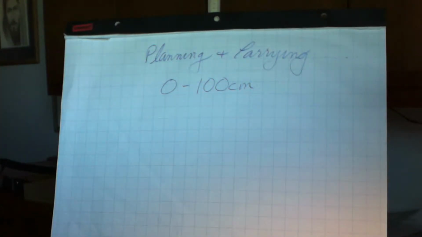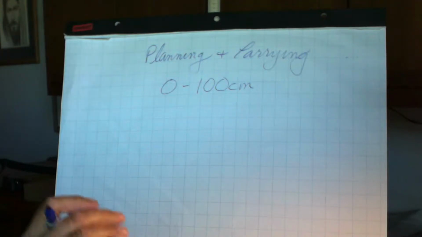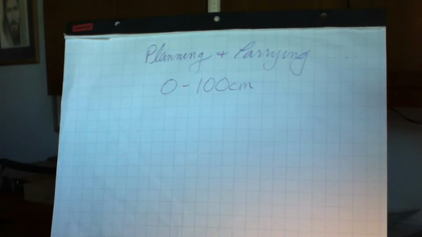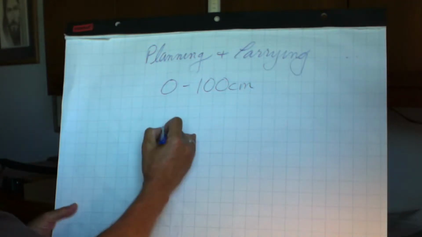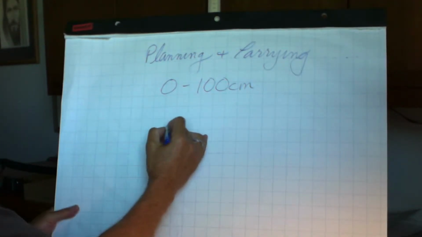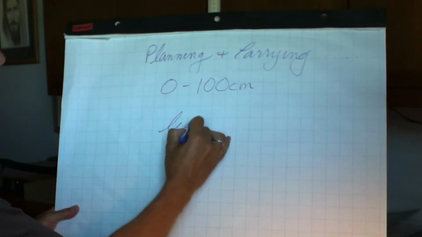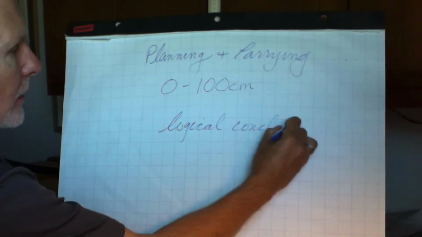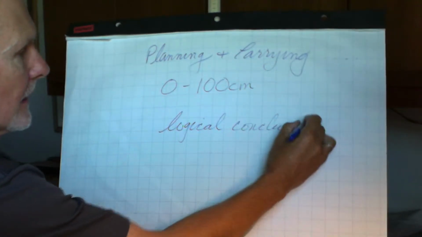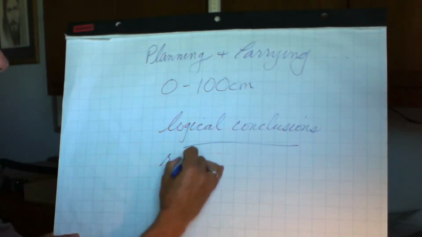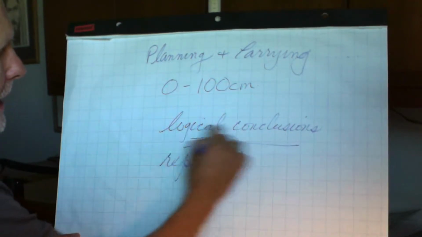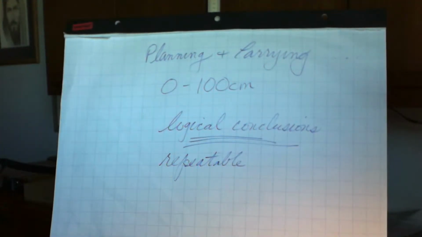As you did that, there were factors that played into whether or not the data that you collected would result in logical conclusions. Remember from our discussion earlier about an experiment, we said that experiments are repeatable and they also help us to draw logical conclusions.